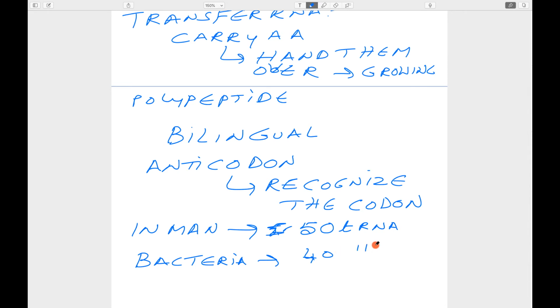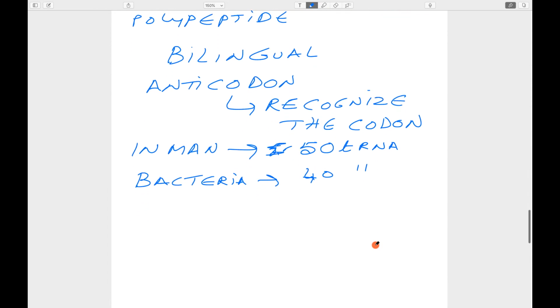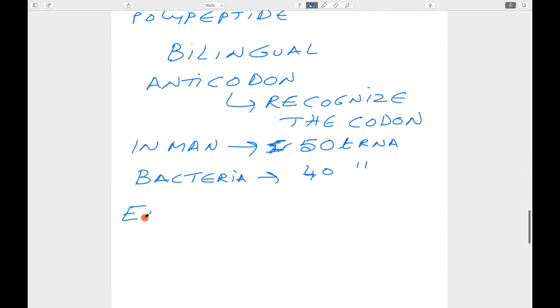Then next, protein synthesis requires energy. The energy requirement is very high. Energy has to be supplied in the form of ATP and GTP because it is a very high energy demanding process.